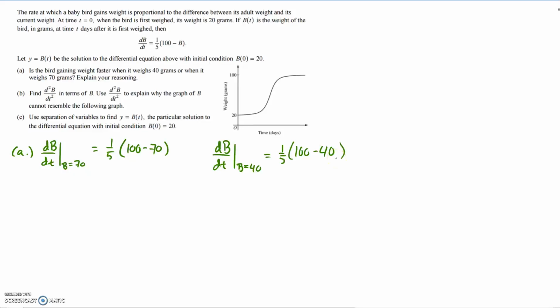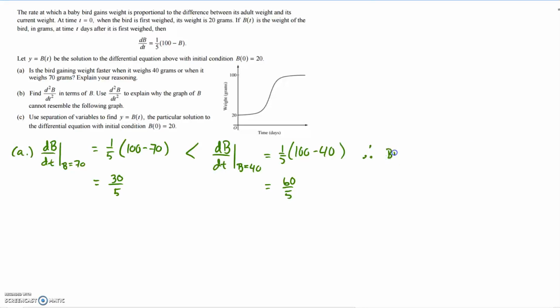And so when we plug in 70, then dB/dt is equal to 30 over 5, or 6. And when we plug in 40, then we get 60 over 5, or 12. But what's more important here is that 60 over 5 is greater. So then dB/dt is greater when B equals 40.